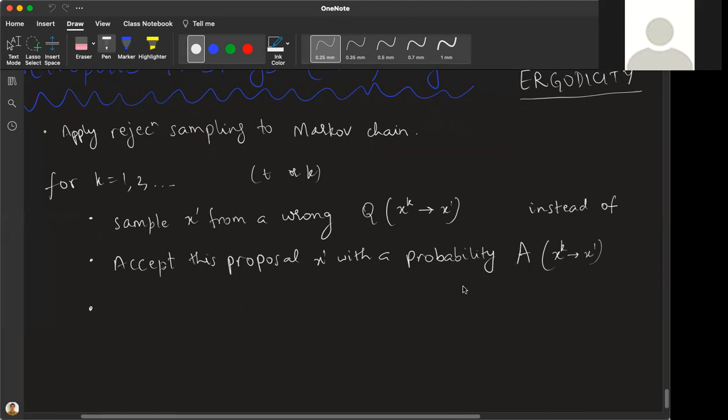If it is above that number, you reject. And if this proposal is rejected, then stay at xk. Which essentially means x of k plus 1, or t plus 1, is equal to xk.